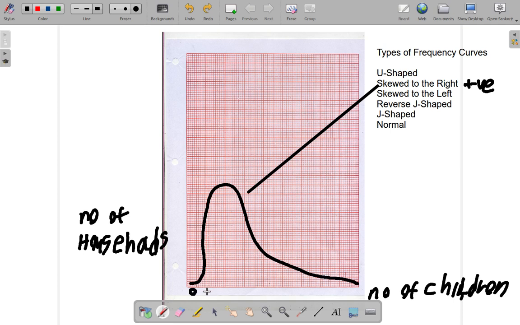You have a larger number of families with one child, and the largest number of families, this could go up to say 1,500, 750, 250. Right, just putting some numbers here. So you have say 50 families with no children.